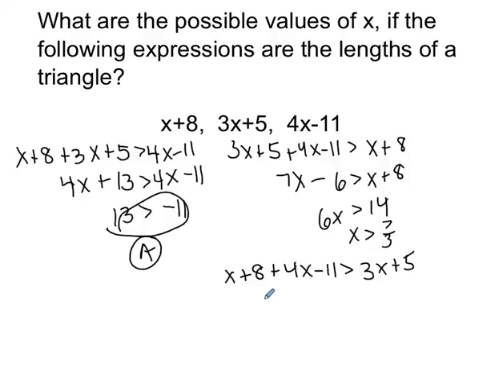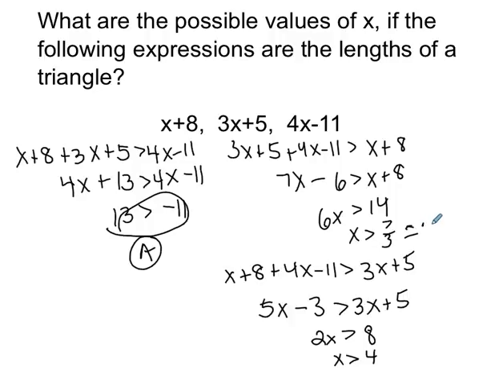Over here, I get 5x minus 11, 8 minus 11 would be minus 3, is greater than 3x plus 5. Subtract 3x from both sides, that's 2x. Add 3 to both sides, that's 8. X has to be greater than 4. So 7/3 here is really 2 1/3. So I know that x has to be between 7/3 and 4.